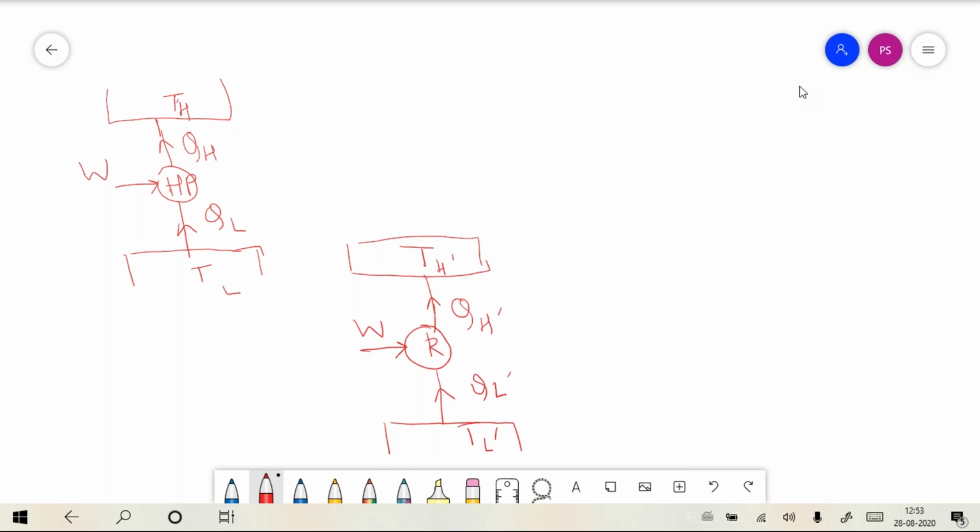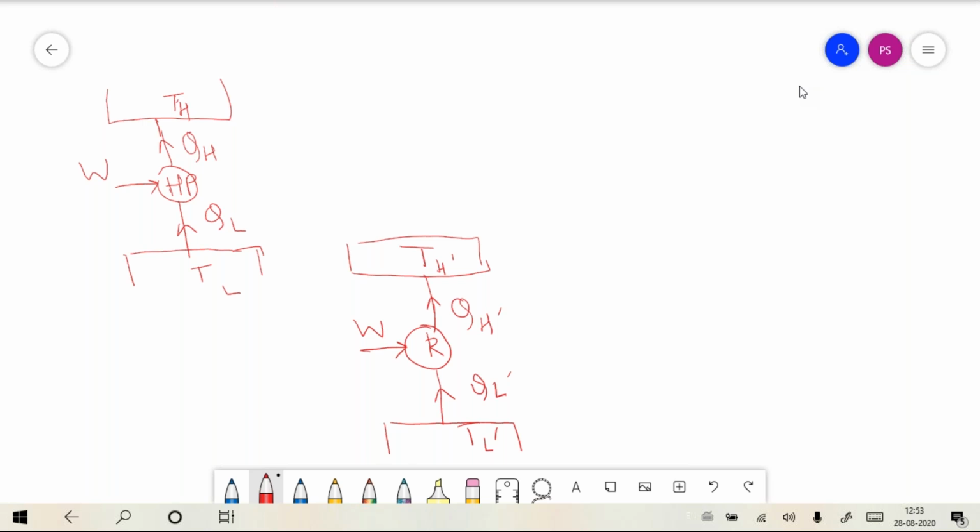Yes. Okay. So as you see on the whiteboard, I have drawn this schematic of a heat pump and a refrigerator. In both the cases, if you see the direction of the arrow, there is heat transfer from a lower temperature to a higher temperature in the heat pump, and in the refrigerator also there is a transfer of heat from the lower temperature to higher temperature.